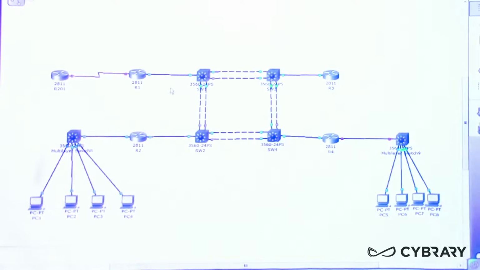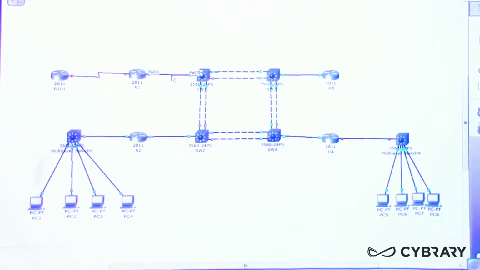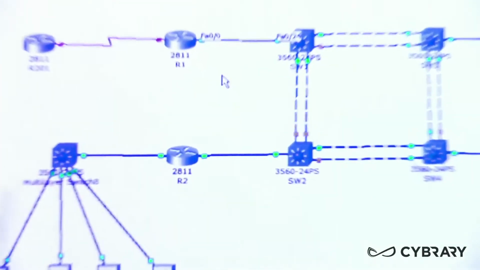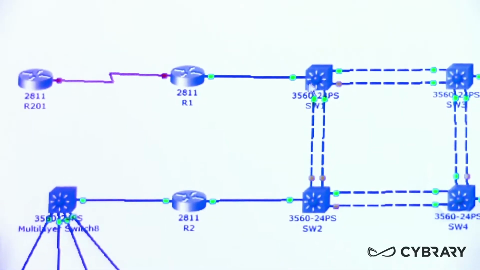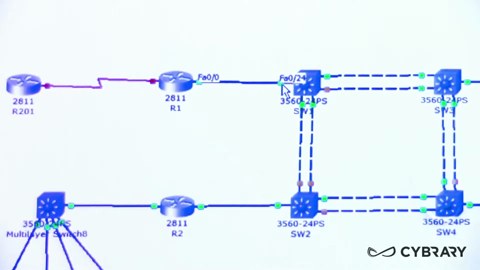Now, if I hover my mouse over this link, and you guys probably can't see it, router 1's port FastEthernet 0/0 is connected to switch 1's FastEthernet 0/24, or in effect, port 24.